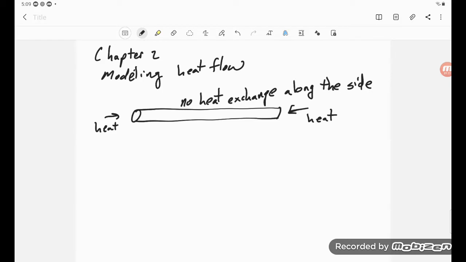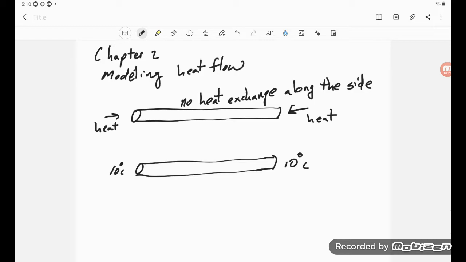And so, they describe something you could do. Well, I could put this into a refrigerator or something like that for a long period of time, so that we began with both ends and the middle, for that matter, being at 10 degrees, say, centigrade.